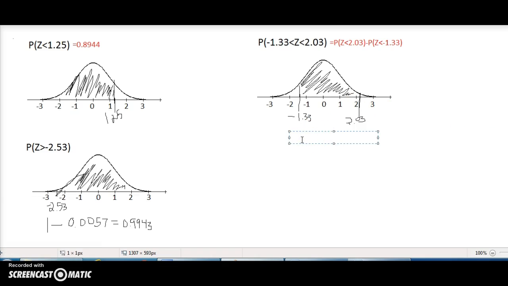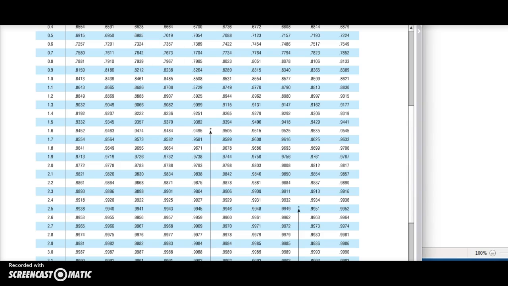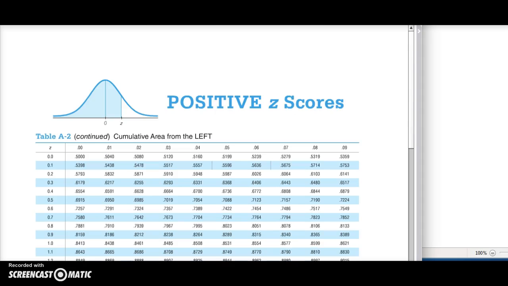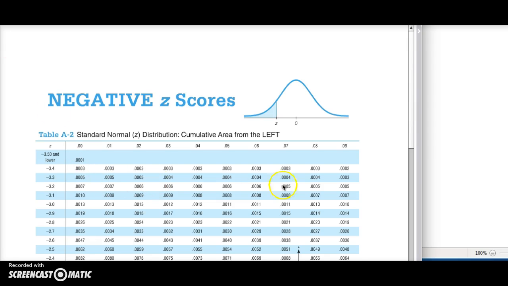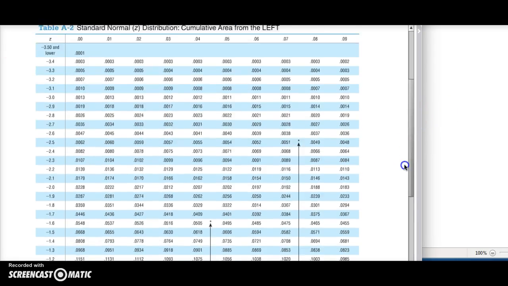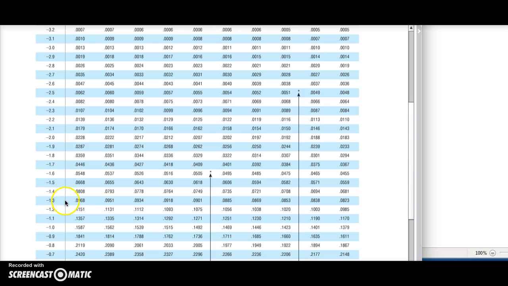So let's write that down, 0.9783. And then we're going to subtract the probability of z being less than negative 1.33. So going back to the table. Okay, so find negative 1.33, and it's 0.0934.